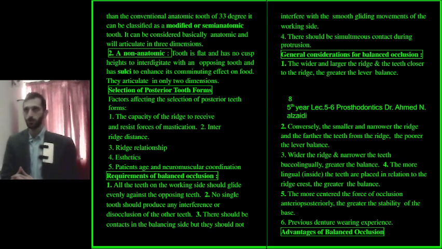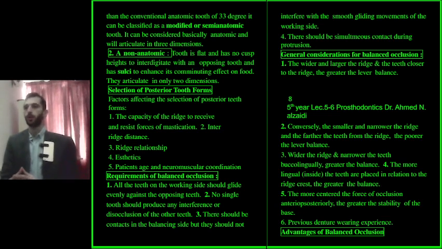General considerations for balanced occlusion. Number 1. The wider and larger the ridge and the teeth closer to the ridge, the greater the level balance. Number 2. Conversely, the smaller and narrower the ridge and the farther the teeth from the ridge, the poorer the level balance.